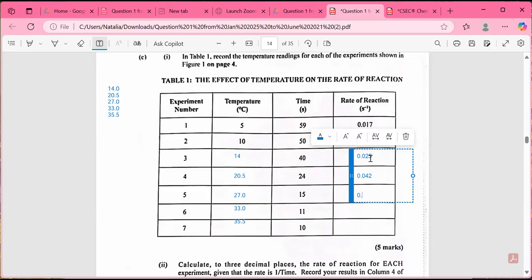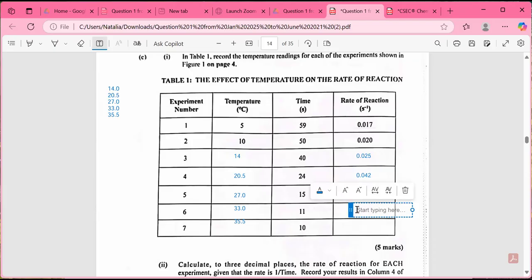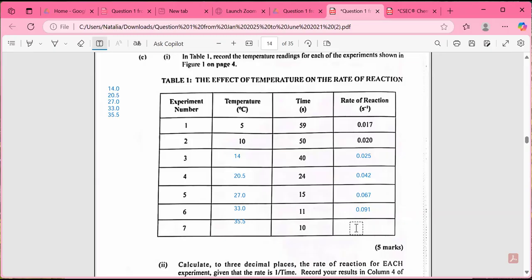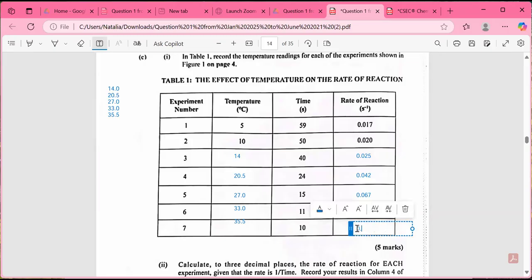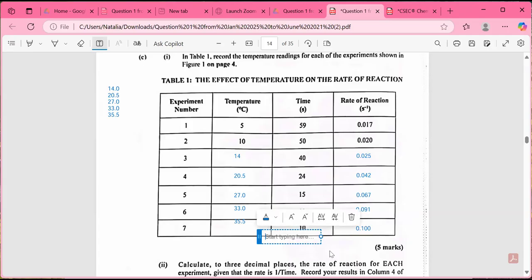Then 0.091. Then 0.100. All right, so that is it.